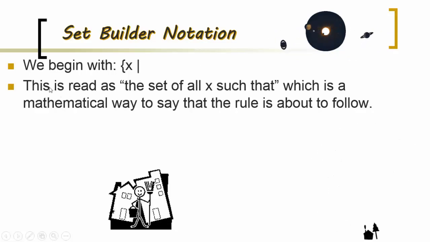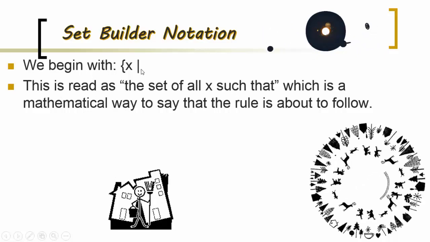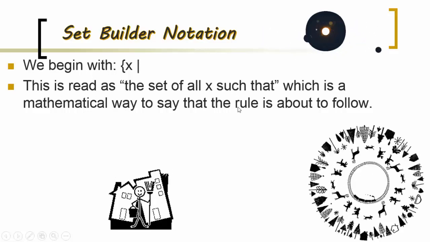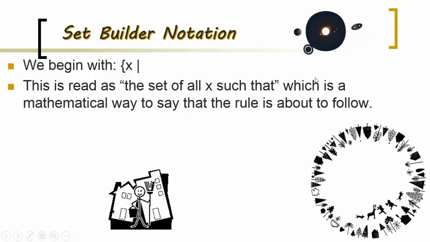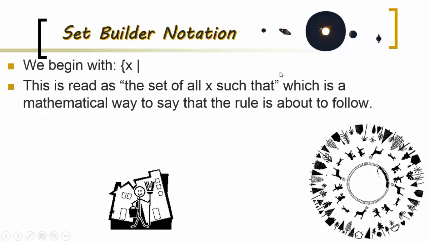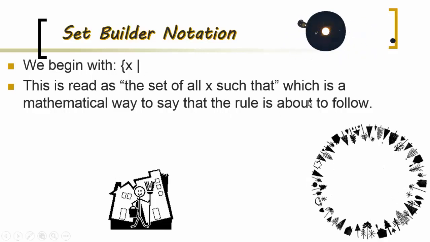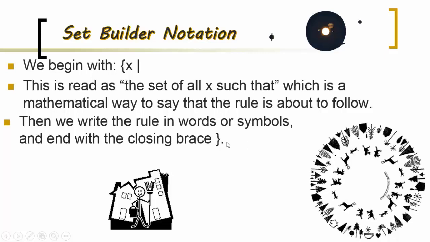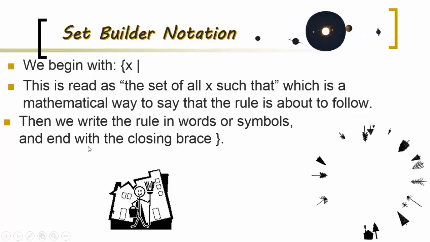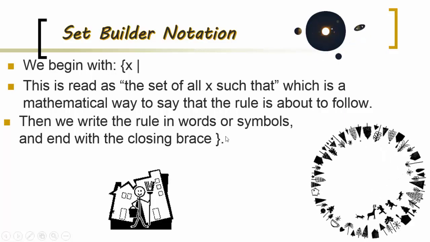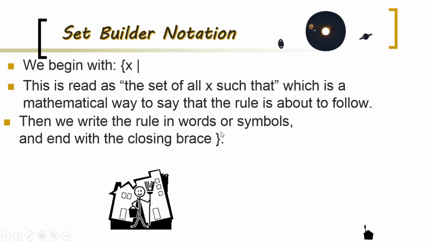This line is read as "the set of all x such that," which is the mathematical way of saying that the rule we're about to state follows the line. Then we write the rule in words or symbols and end the whole thing by closing it with a curly bracket.